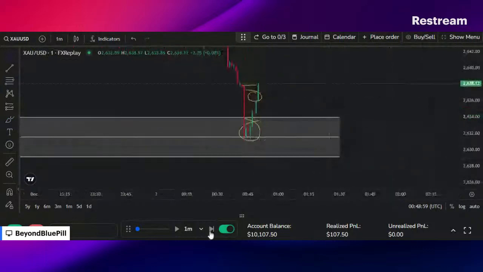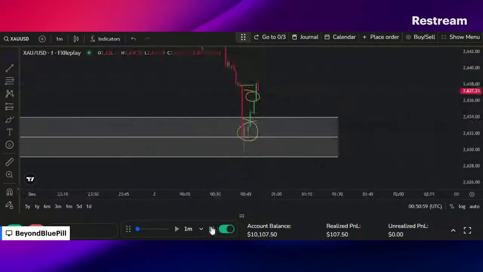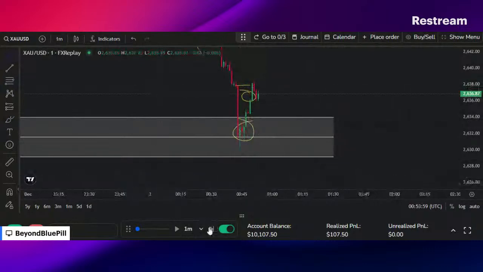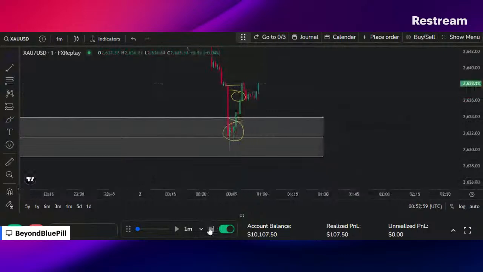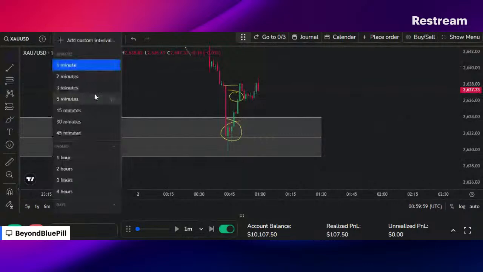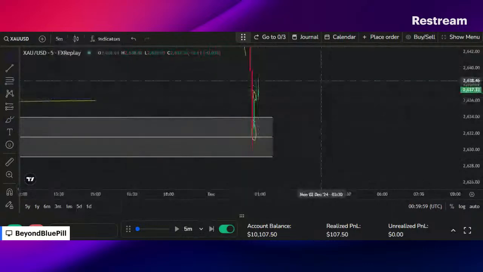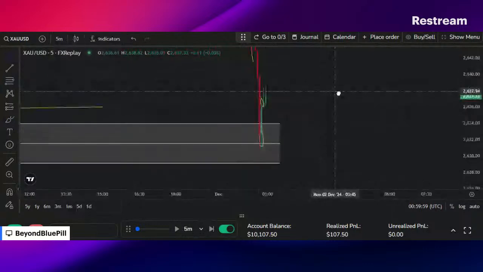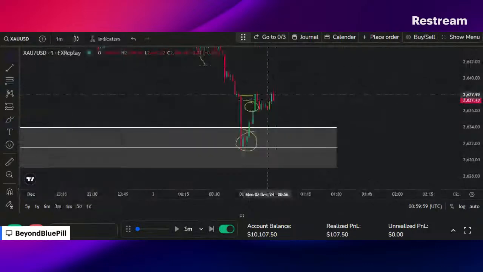Okay, we validated. No, trade failure. But we had this swing up.